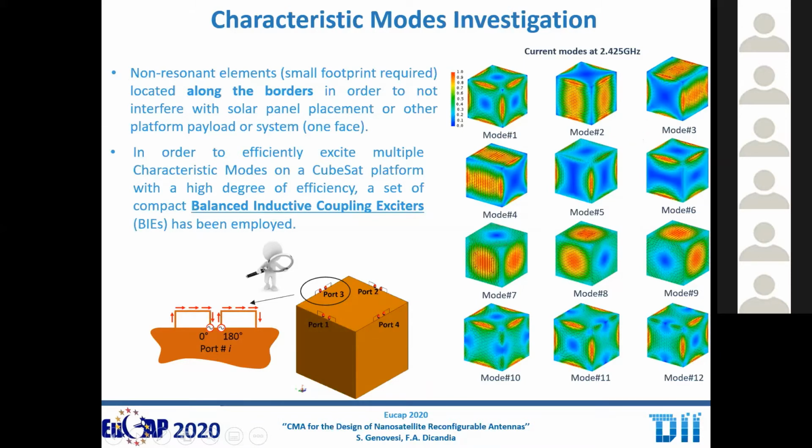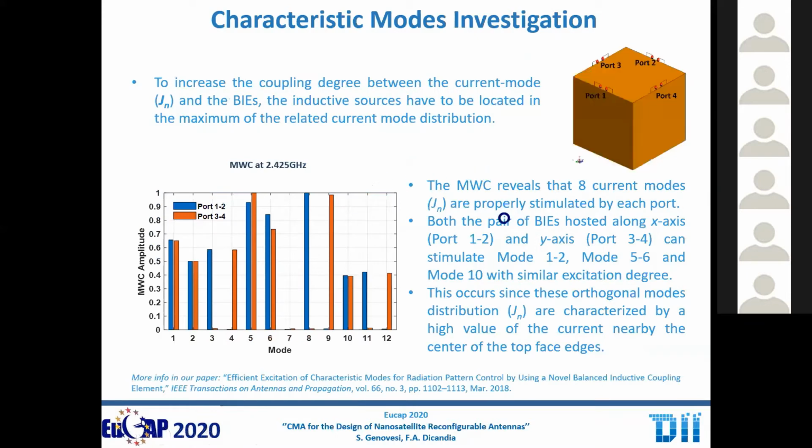So if we look at the modal weighting coefficients, we can draw some interesting conclusions. We can excite several modes. For example, if we use ports 1 and 2 together with ports 3 and 4, we can stimulate mode 1 and mode 2, modes 5 and 6, which are degenerate, and also mode 10, because with the proper phasing we can excite those modes.